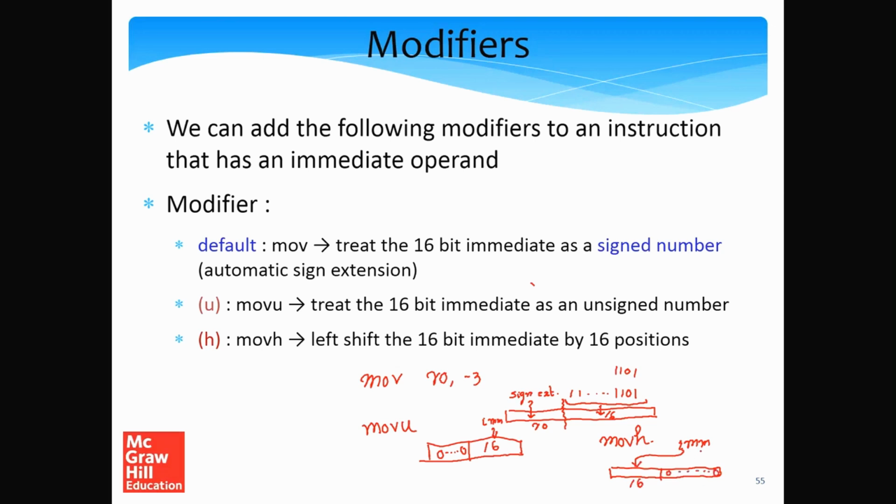So you can think of left shifting the immediate and then loading it to the upper 16, where the lower 16 are all zeros. So the U and H are generic modifiers. The default is always to treat the immediate as a signed number, but we can use the U and H modifiers. The U treats it as an unsigned number, and the H actually left shifts the immediate by 16 positions.